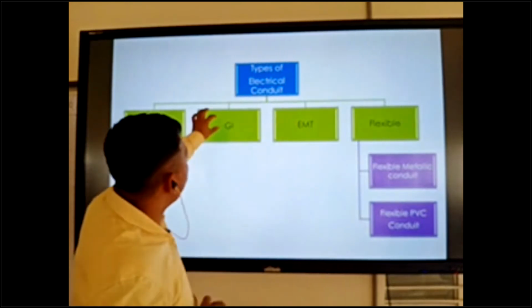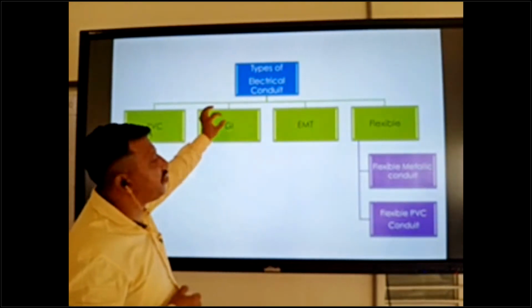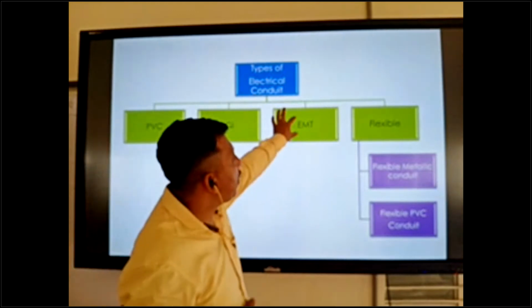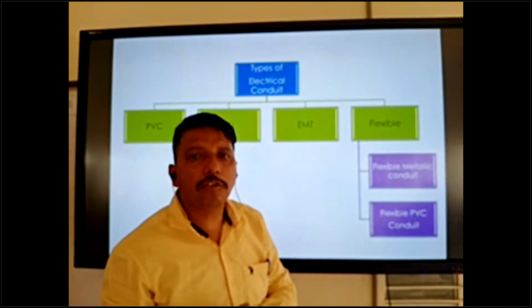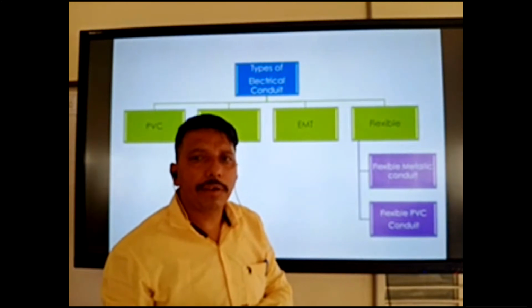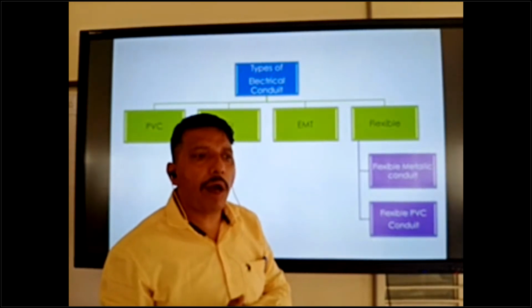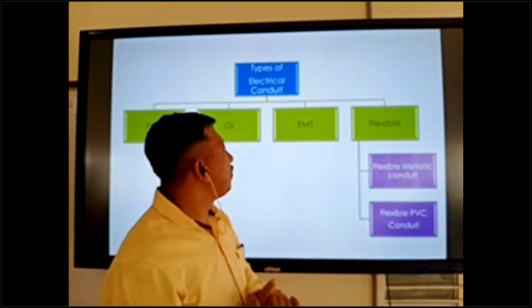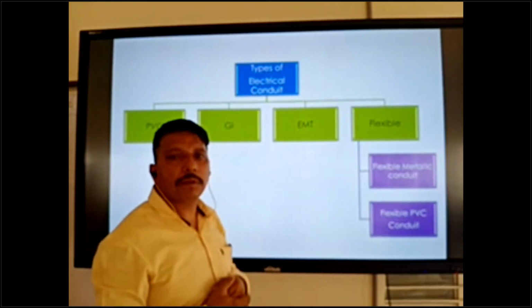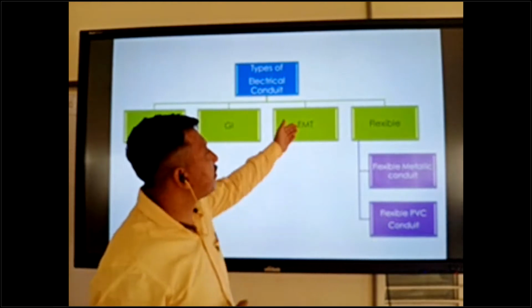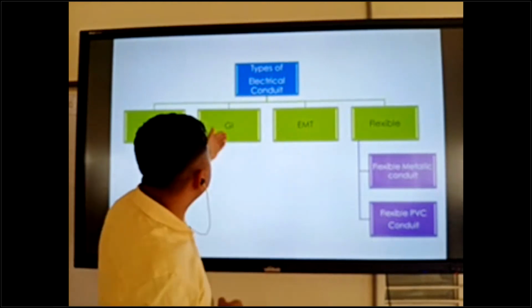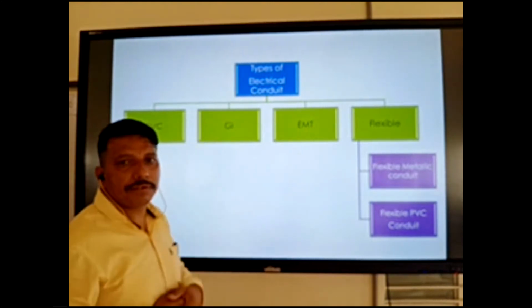So in maximum projects we use GI conduit. EMT only in 5% or 10% of projects. As per owner requirement, as per project requirement, we can use EMT pipe. So EMT is an expensive pipe. This is standard steel, and this is galvanized iron.